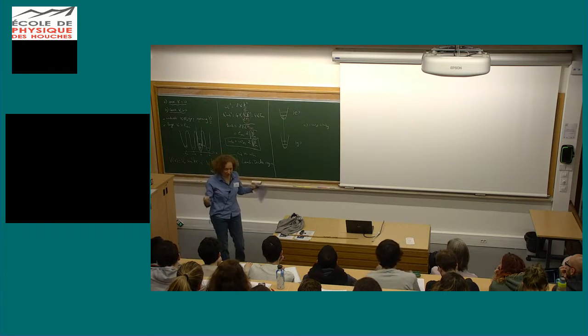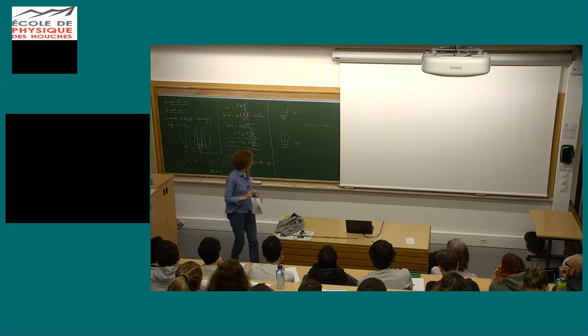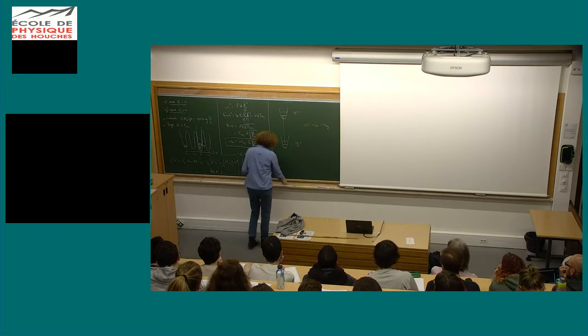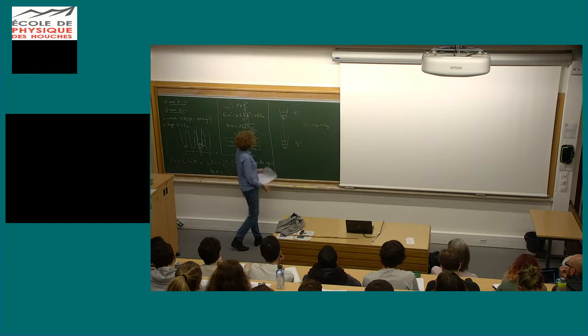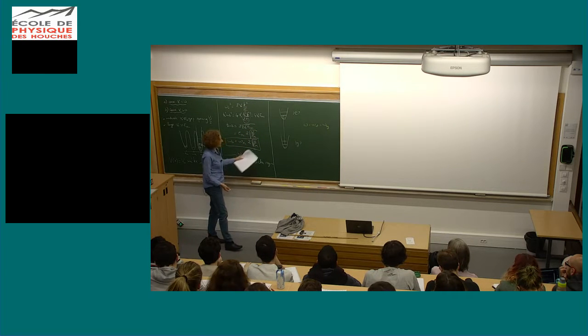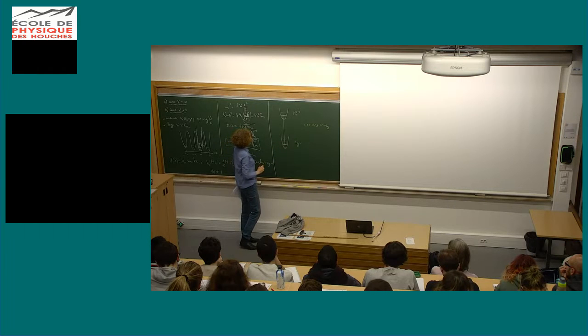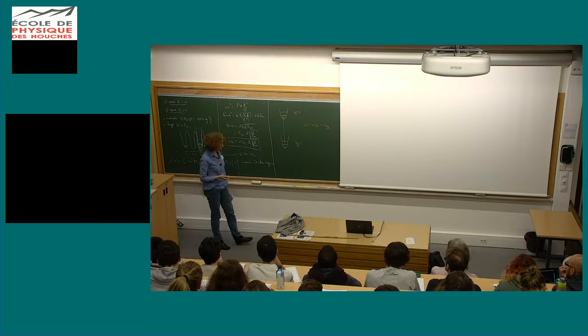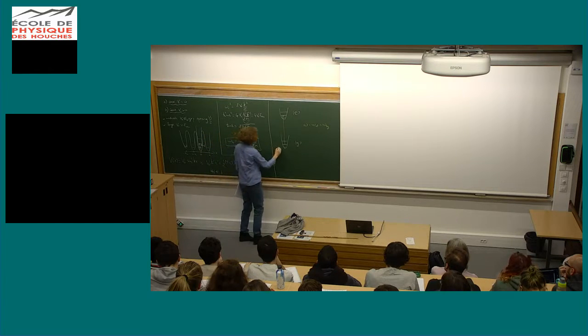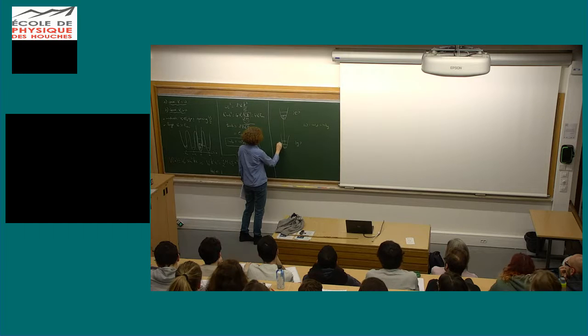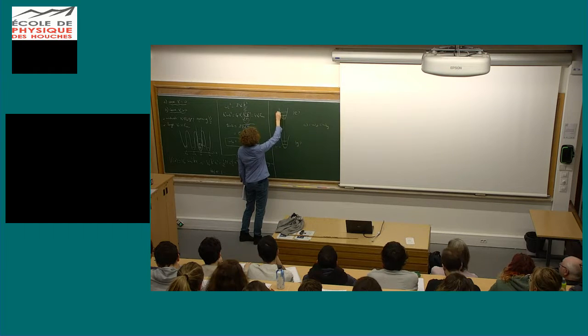So in metrology, that's the thing you want to measure. This happens when you make a transition between one of the oscillation levels, the harmonic level, and the same one in the other well. So n is 0, 1, 2, 0, 1, 2.